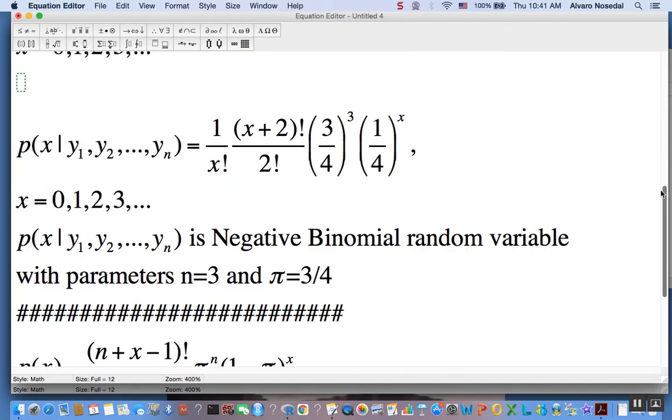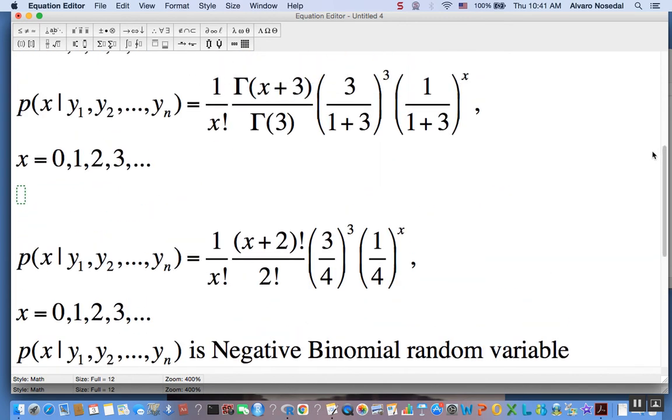Now, you can try and do this step by step by hand, similar to what we did with the example with the geometric distribution, but I'm going to skip that part. You can do it on your own, no problem.